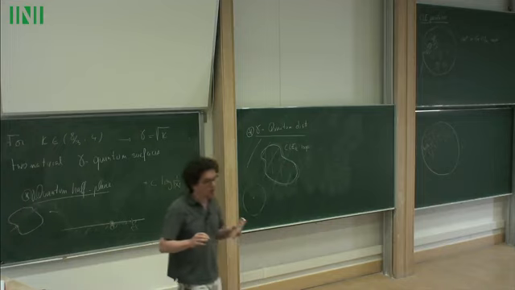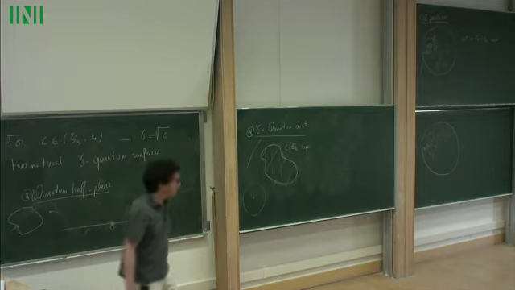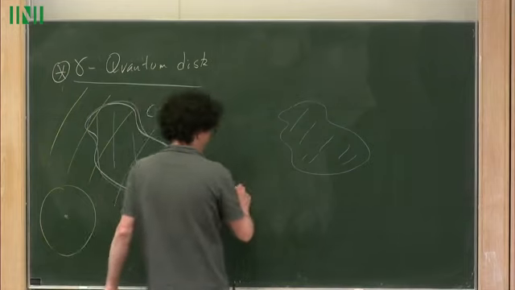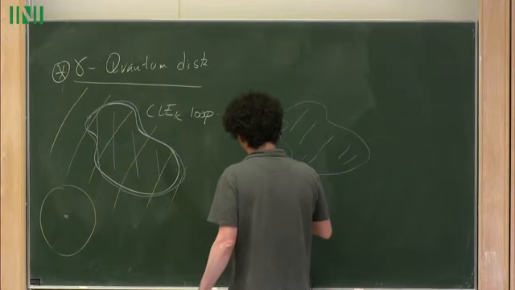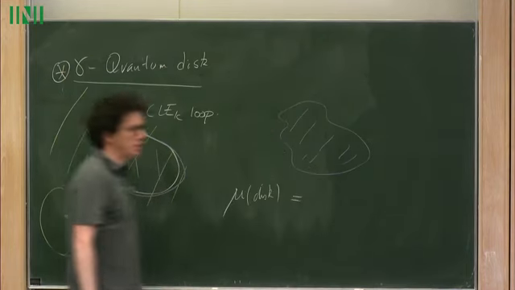Either you define the quantum disks conditioned to have boundary length L, or you define an infinite measure, the natural measure mu on disks.